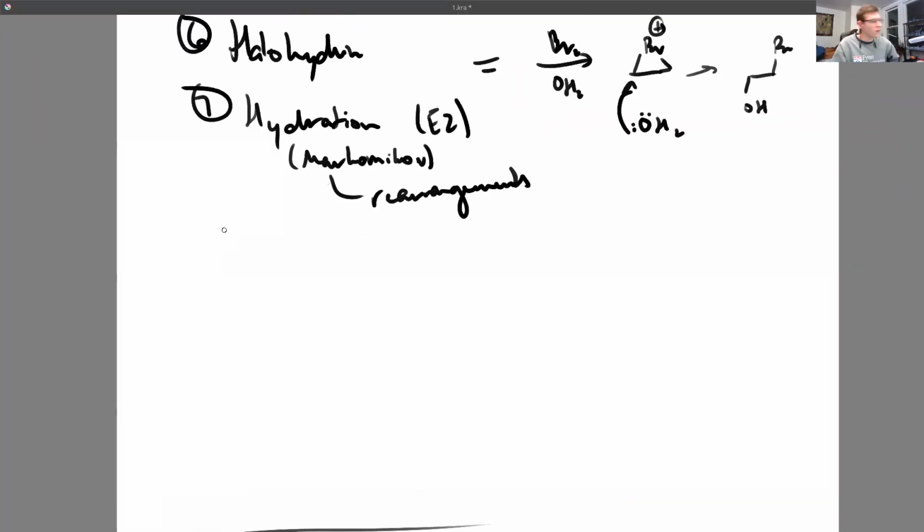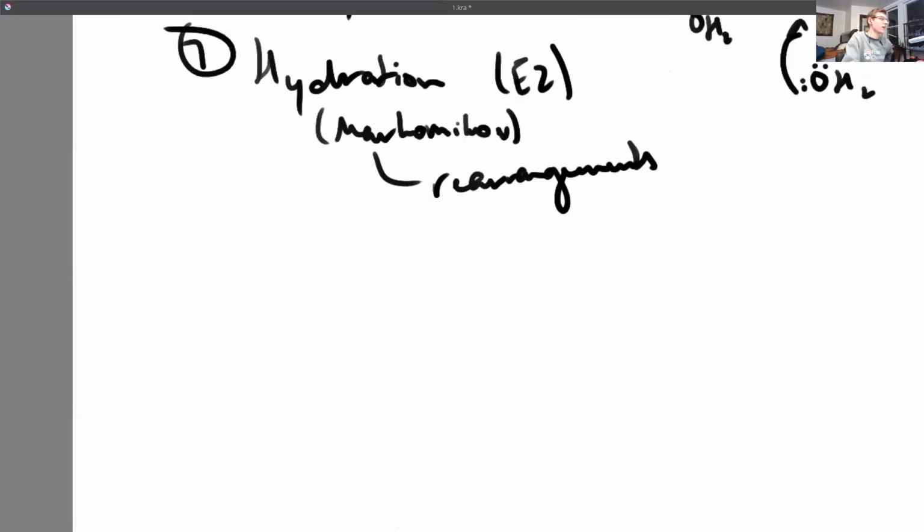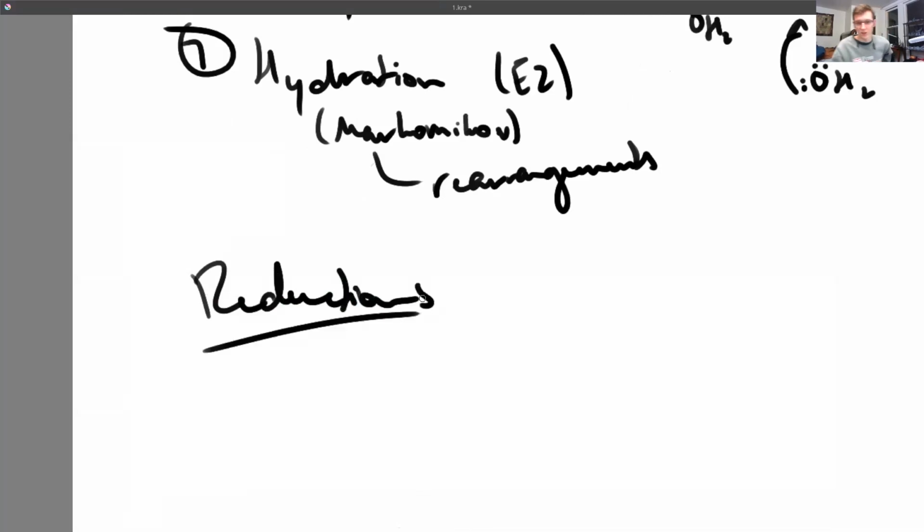Yeah, so you did learn a new one, which is reductions, right? Well, you've already seen the reagents for this, at least the sodium borohydride, because we've used it when we do oxymercuration and then demercuration. It's the second step, right?